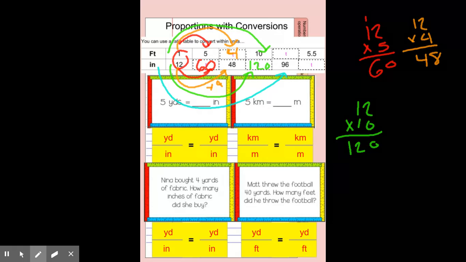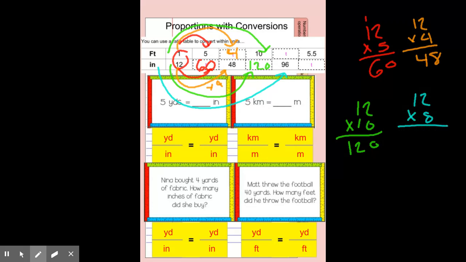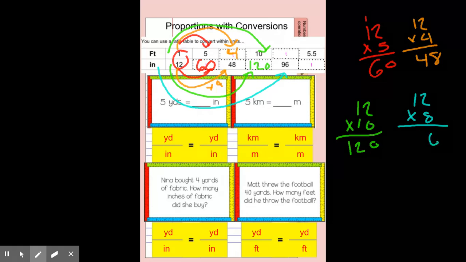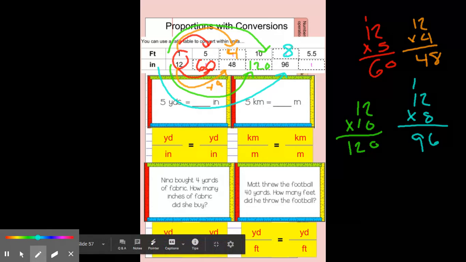If you're not sure, remember I said you could do it on the side. Okay, so let's try 12 times 8. 8 times 2 is 16. 8 times 1 is 8, plus 1 is 9, and that is 96. So that means 8 feet is equal to 96 inches.